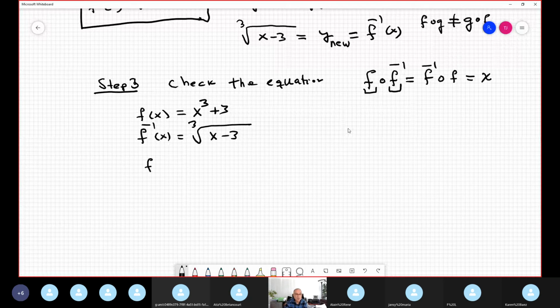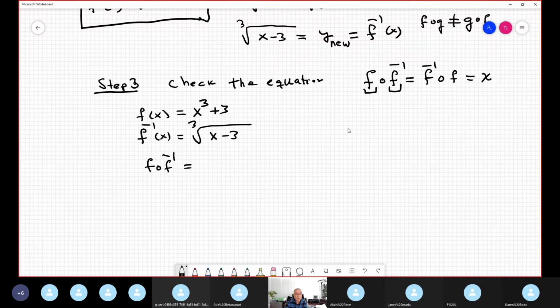For example, I want to find the composition. The composition is f composed with f inverse. For example, that means this expression, que is the first one, look, and the order of the composition is important. The first one is the inverse function. Substitution here.